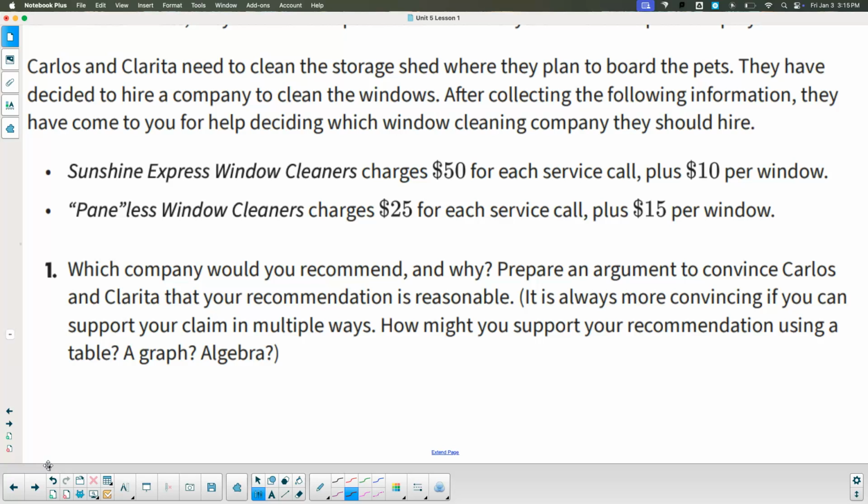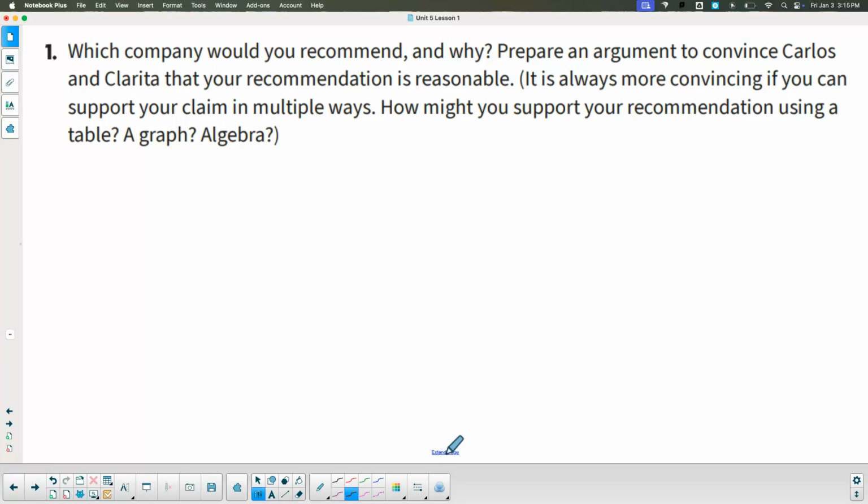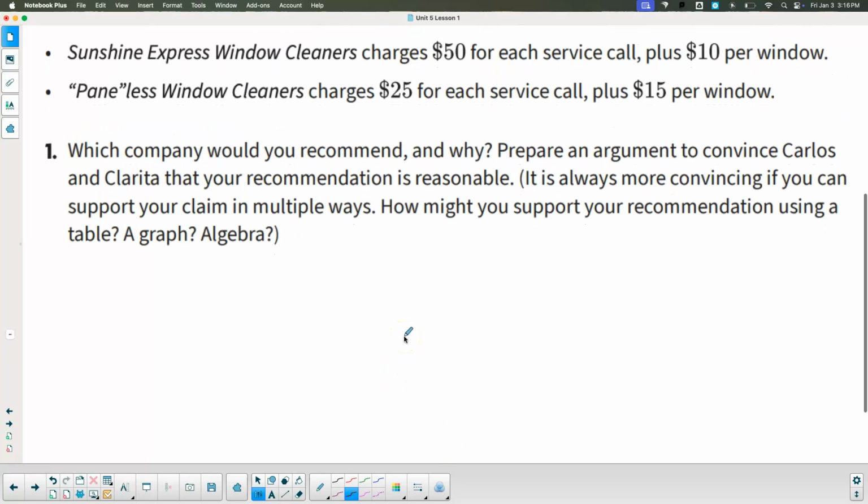So some justifications for this one. If you wanted to go with Sunshine, they charge more to start.